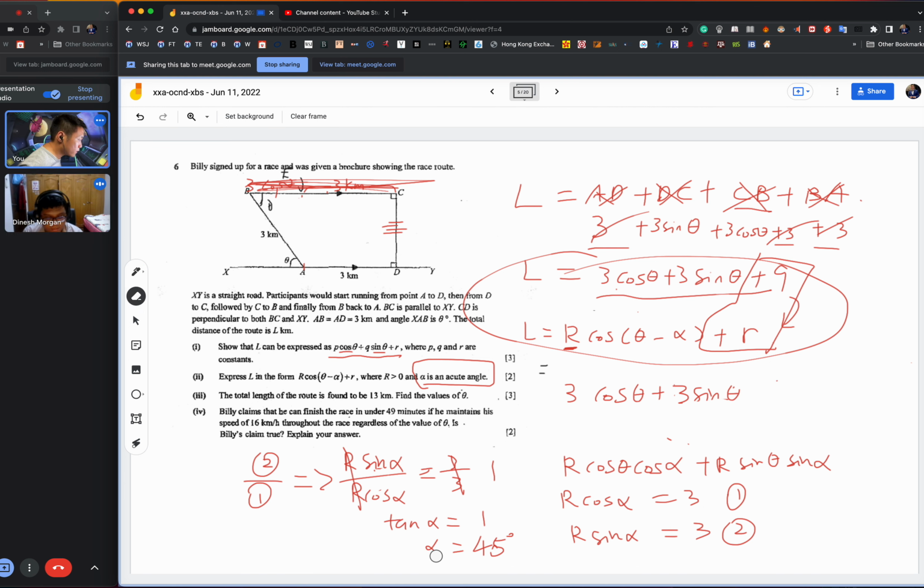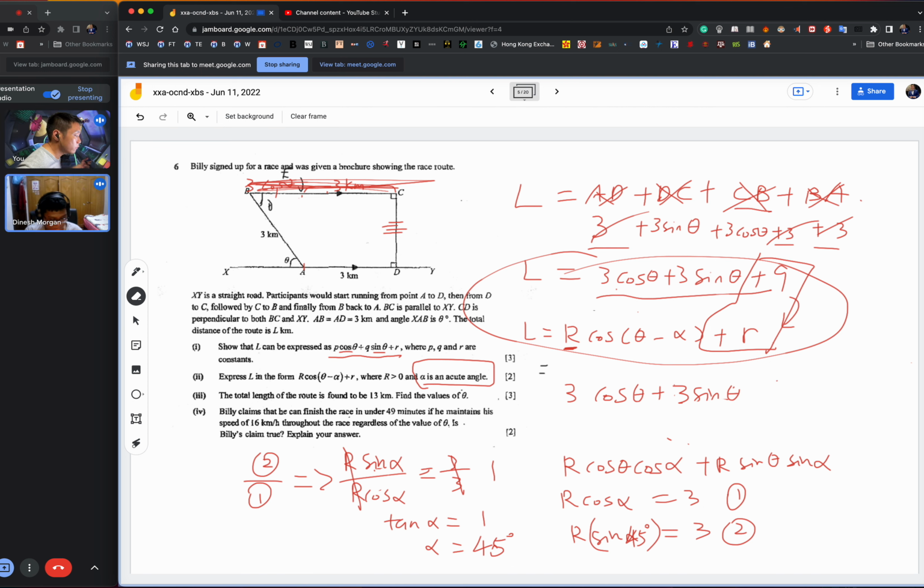Then how do you get r? Can you put the alpha into it, 45? So if you put this 45 in, this will give you what? Yeah, half. Is it half? Okay, never mind. This is a special formula, special angle.